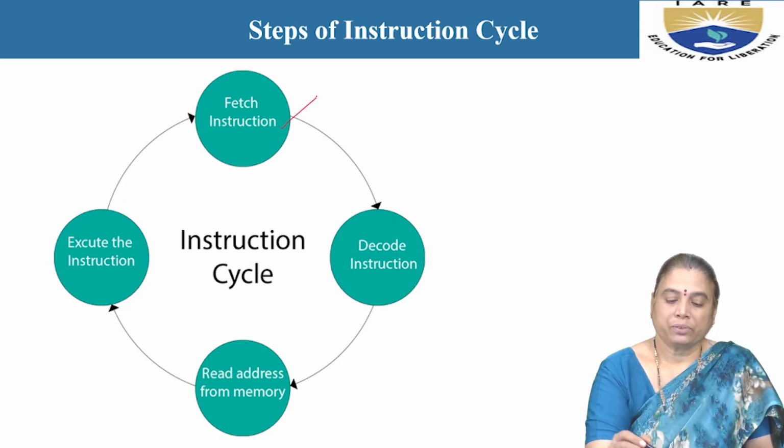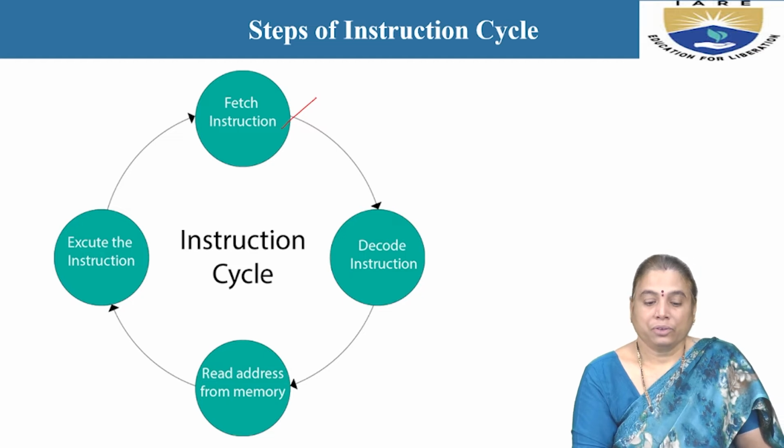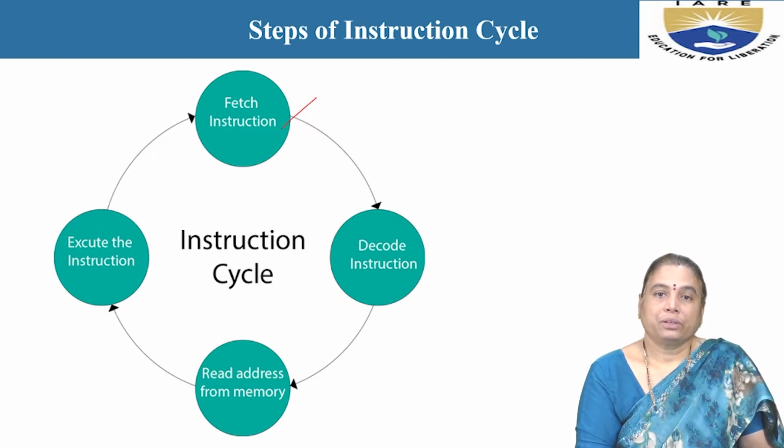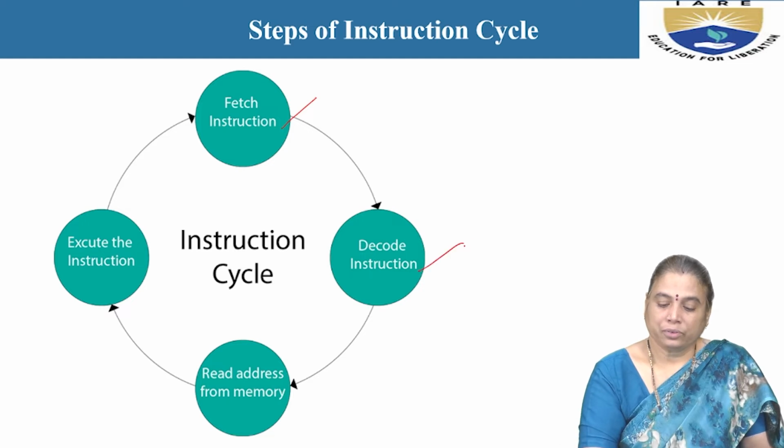The first step is to fetch the instruction. The instruction to be executed is fetched and stored in the instruction register. Decode the instruction: you have to interpret the instruction and identify what category of instruction it is.